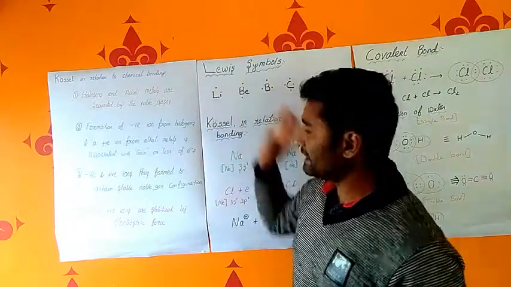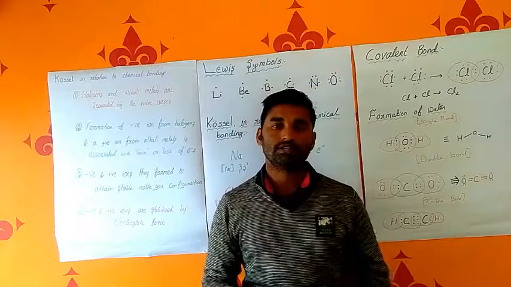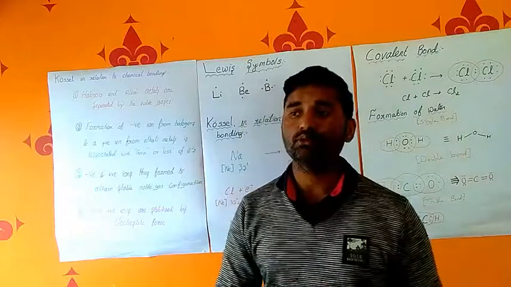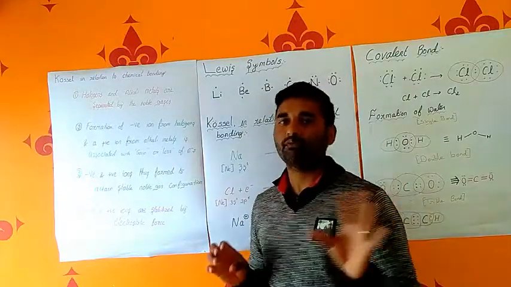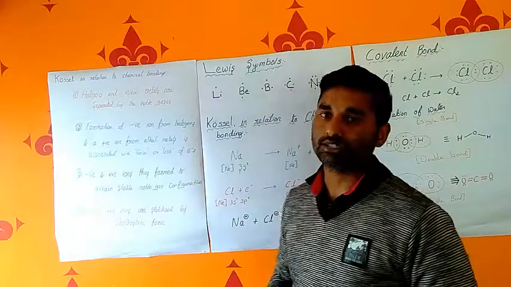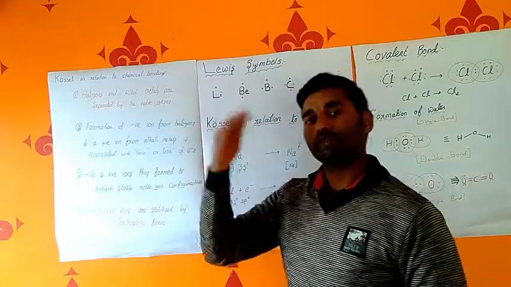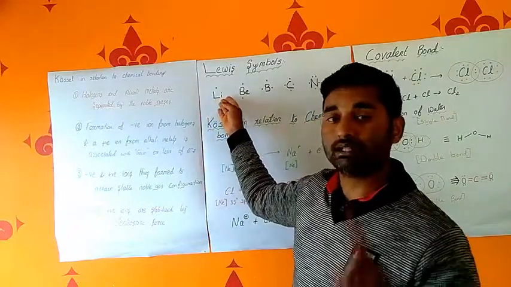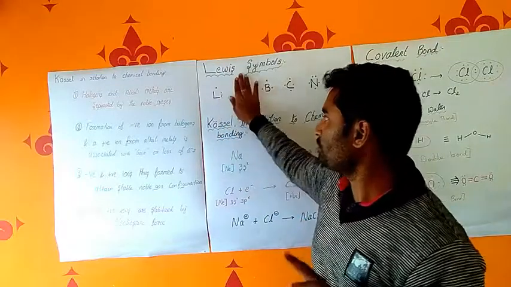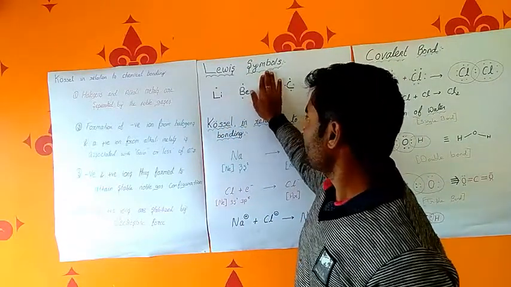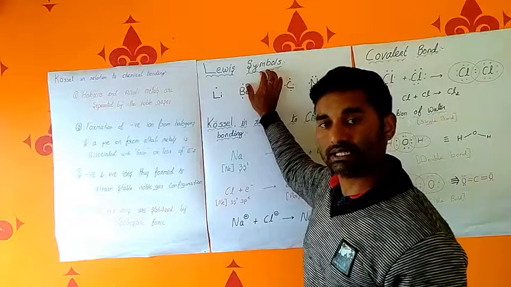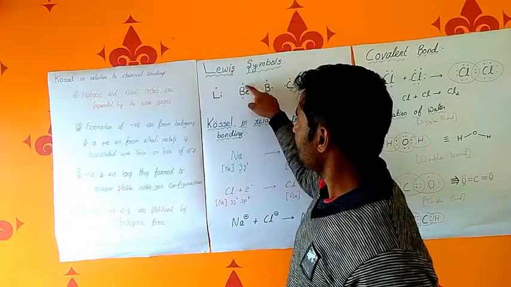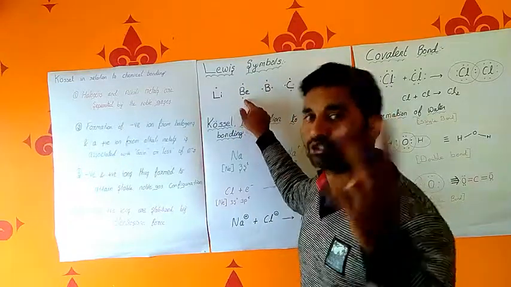In lithium there is only 1 electron in the valence shell, and in beryllium 2 electrons, isn't it? So to indicate the number of valence electrons, Lewis put dots with the symbol of those particular elements. Lithium has only 1 electron, so there is only 1 dot. Beryllium has 2 valence electrons, so he put 2 dots.